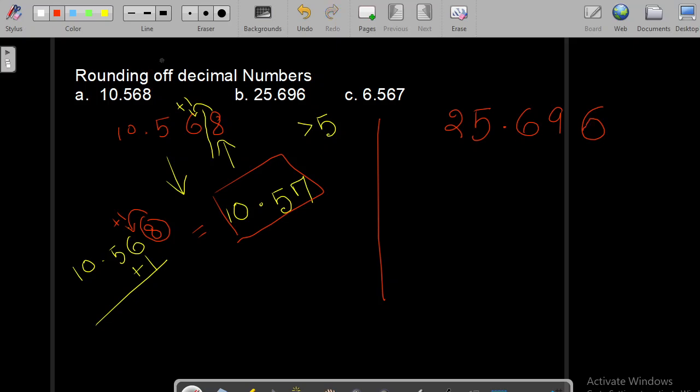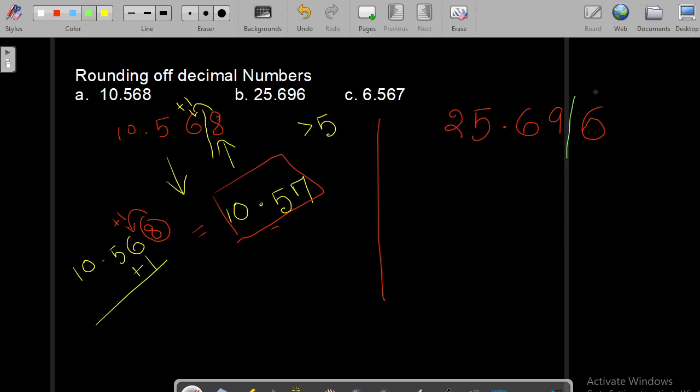I first cut the number up to the desired decimal place, and I have put the line between 9 and 6 because I want it correct up to two decimal places.